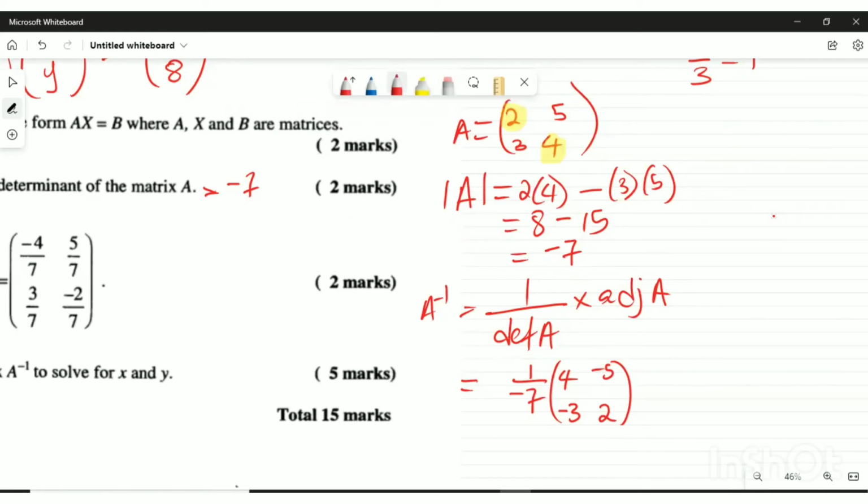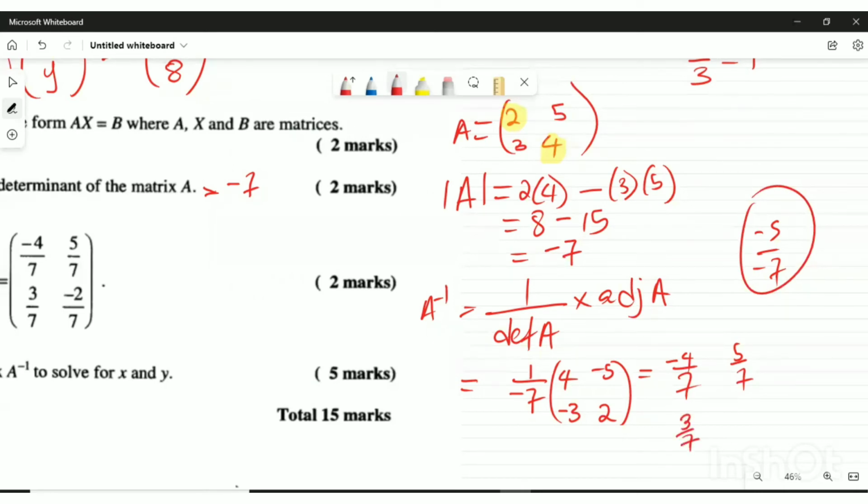This in itself is the inverse, but we need to show it in a simpler form. So we multiply everything inside the matrix by 1 over -7, which leaves us with -4/7. Then when the -5 and the -1/7 combine, we end up with +5/7. When we multiply the -1/7 by -3, similarly the two negatives cancel, so we have +3/7.